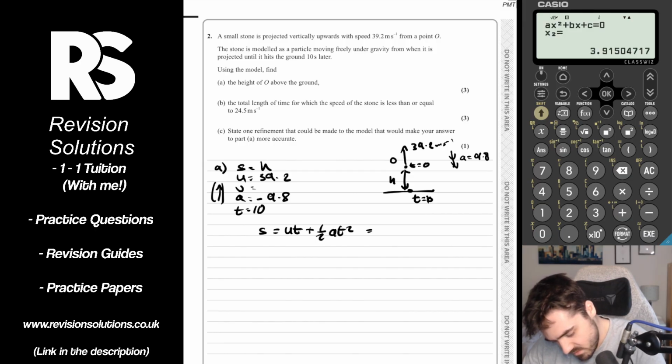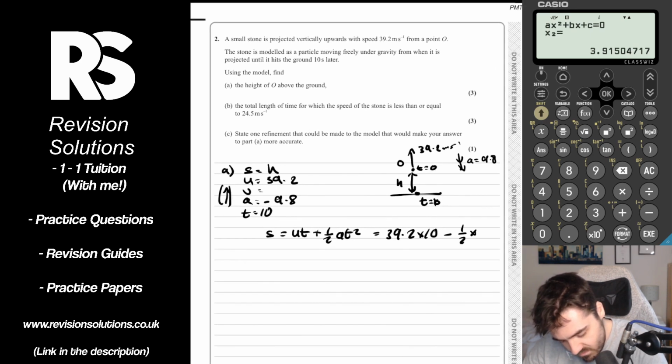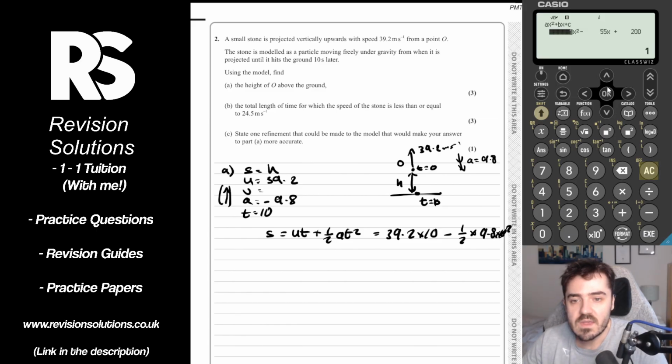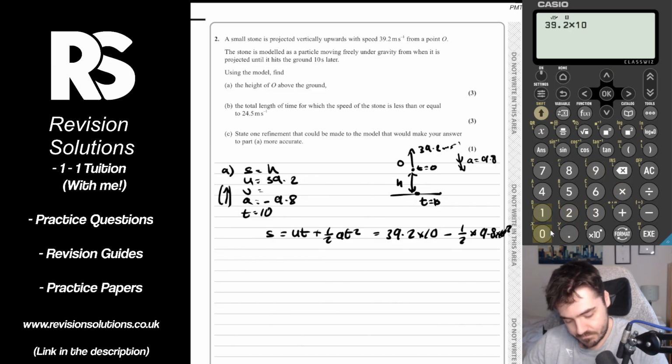So we're going to be doing 39.2 times 10 minus, well, it's plus, but the minus is going to come from the minus 9.8, so I'll just write minus a half times 9.8 times 10 squared. Plugging that in the calculator, 39.2 times 10 minus 0.5 times 9.8 times 10 squared gives us minus 98.